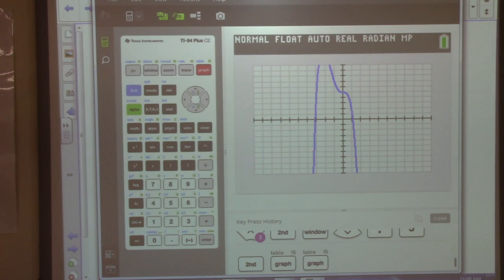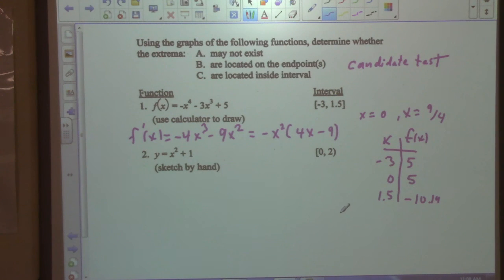I know what it is. Where did I make a mistake? Here's the mistake right here. It's this thing right here, because we have negative 4x minus 9. Well, that is going to make this a negative.